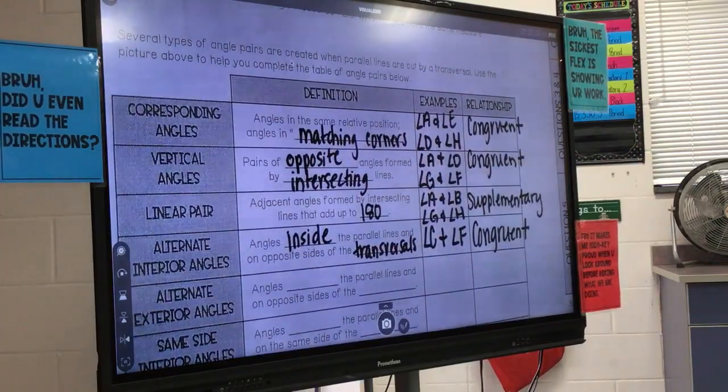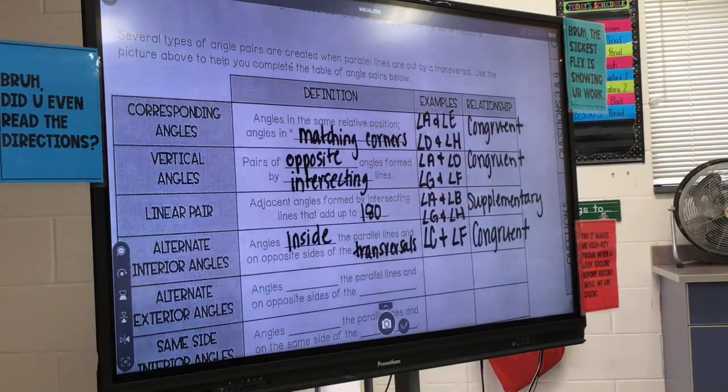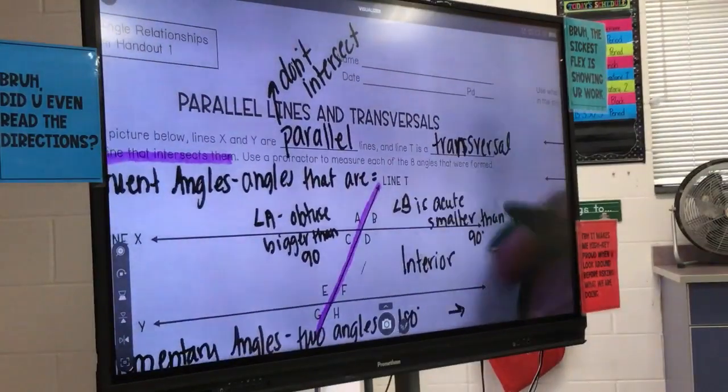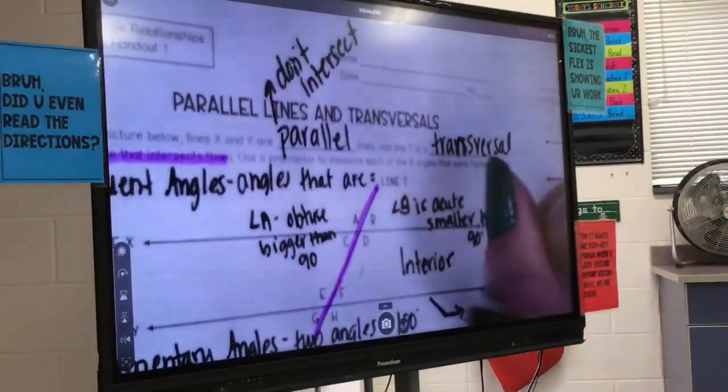All right, so if the angles on the inside are interior, what are the angles on the outside called? Exterior. So I don't really have much room, but this is exterior.